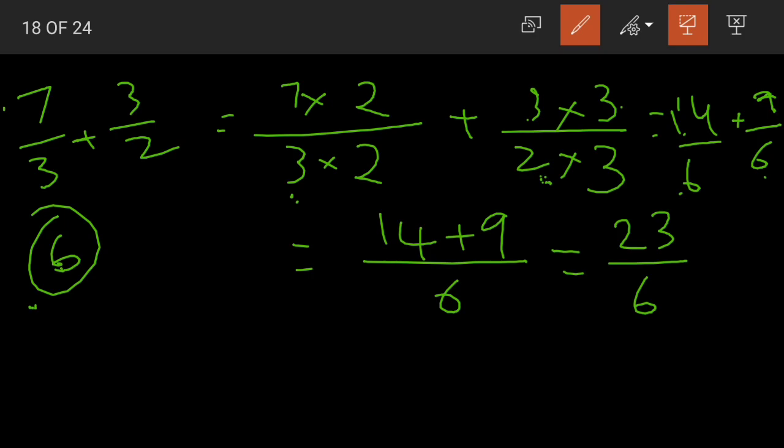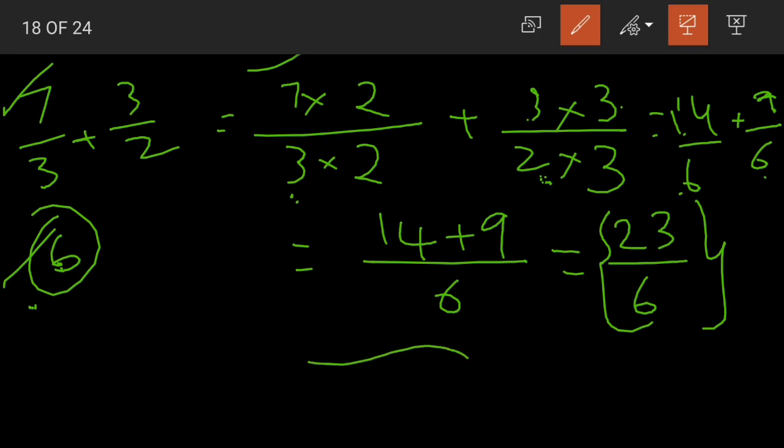In the question we were given two mixed fractions. First we converted them into improper fractions, then we found out the LCM, then we converted them into equivalent fractions, and then finally we added both the like fractions and got the answer as 23 by 6. Yes students, now this is the sum of the given mixed fractions.